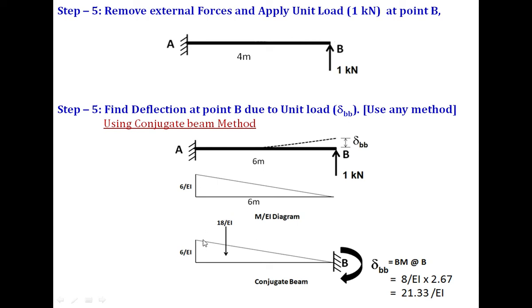The net resultant load of this particular uniformly varying load is the area of this triangle, half into B into H, which comes out to be 18 by EI, and it will act at 2/3 of B, that is 2.67 meters.